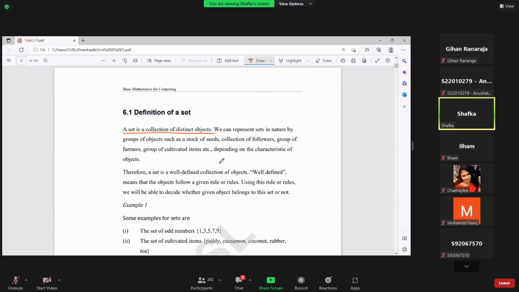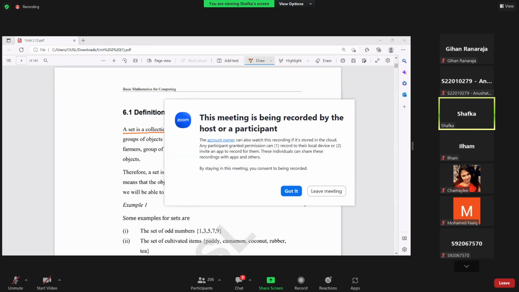Can someone please tell me an example for a set rather than this? Example of a set. Districts.